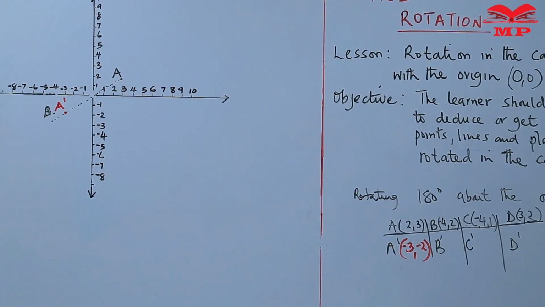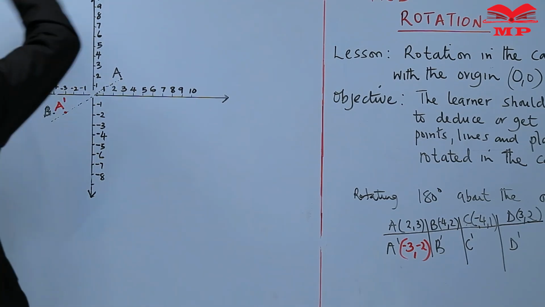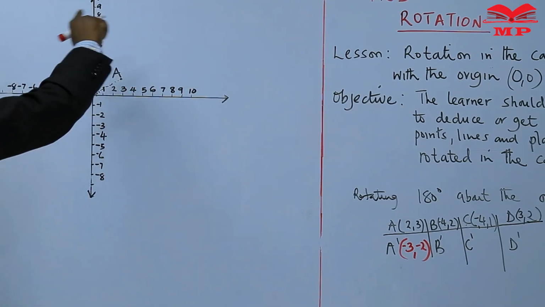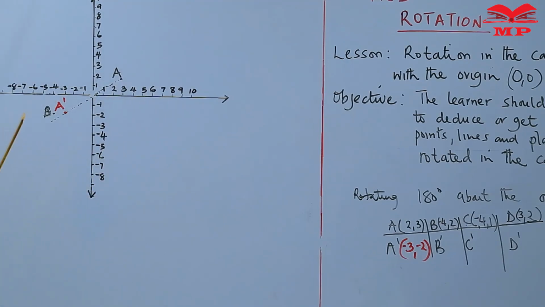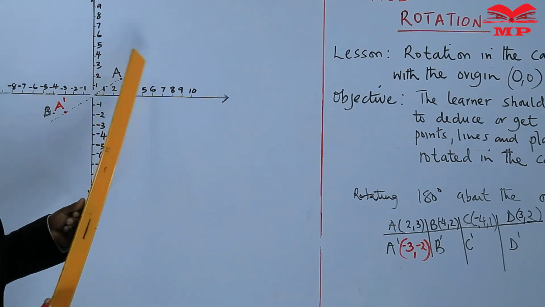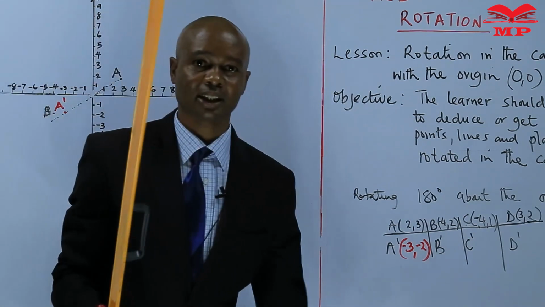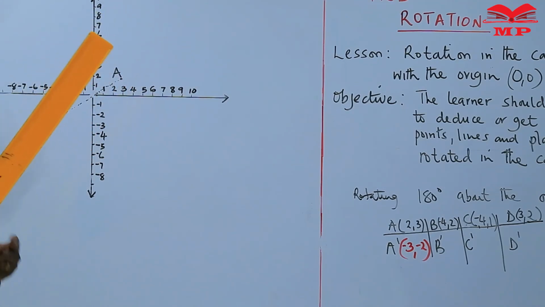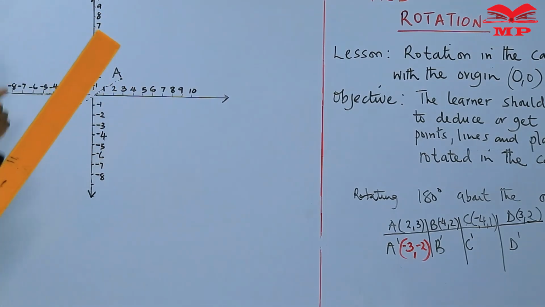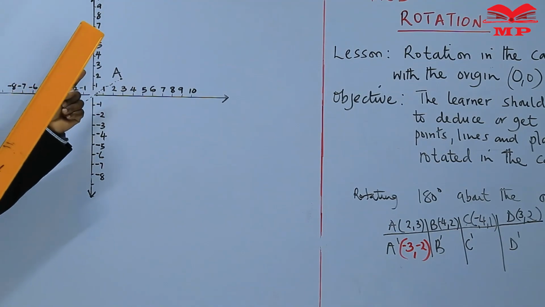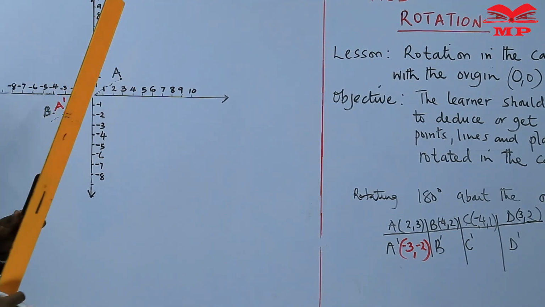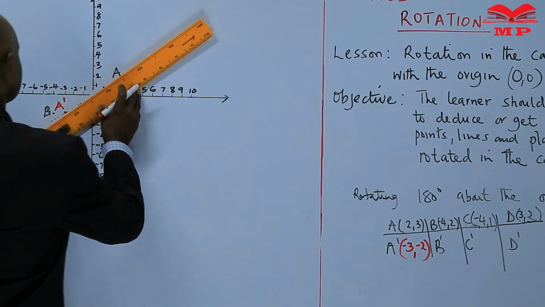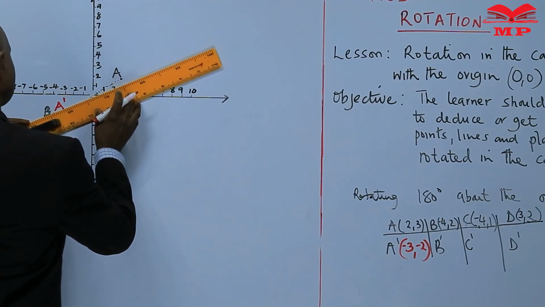As usual, since it is a half turn, you are turning a half turn. Although the other time we learned clockwise will be negative and anticlockwise will be positive, in this case it will just be like a half turn. Whether you turn positive or negative, you still have the half turn.